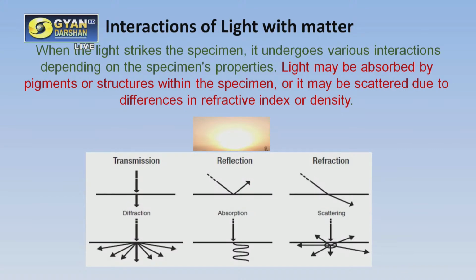So how does light interact with matter? When light interacts with the specimen matter, it can be absorbed, reflected, or refracted. The basic properties of light are very amazing. Take the example of a glass lens: when light interacts with matter, some light passes through the glass and is transmitted without reflection, and some light is reflected from the glass surface.